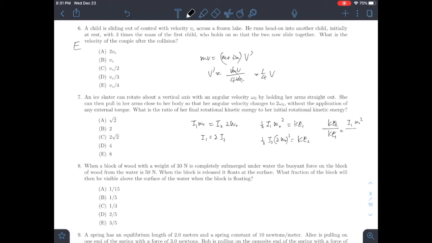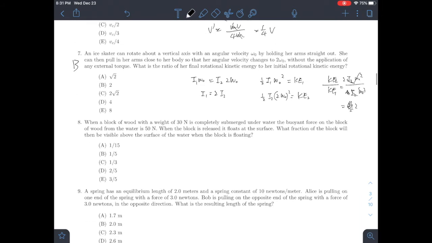We have I1 times omega naught squared divided by 2 I2 times omega naught squared. Then we cancel them out, we get 1/2. Oh, why? There's no 1/2. Oh, okay. We've accidentally switched the first and final kinetic energy, so we just switch them back. So the answer is 2. So it should be B.